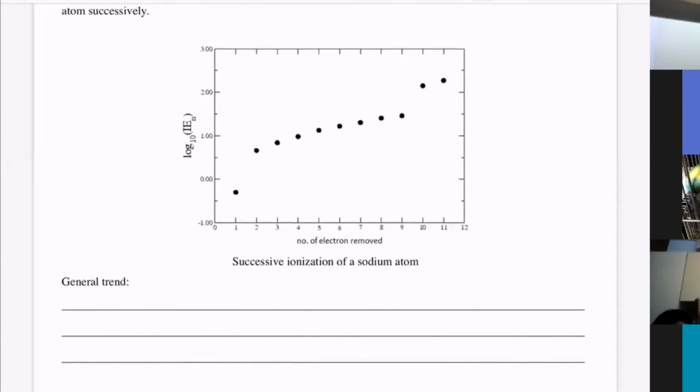Okay, I'll give you some time to think about this question. What's a general trend, and any highlights or exceptions, that you could find on this diagram?